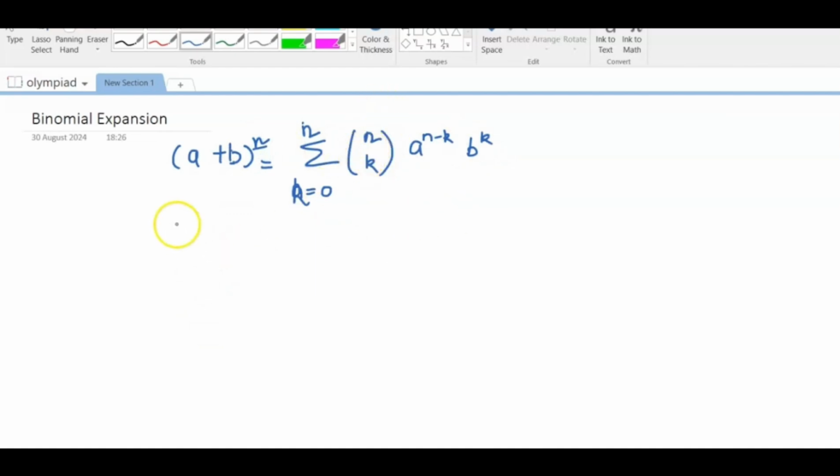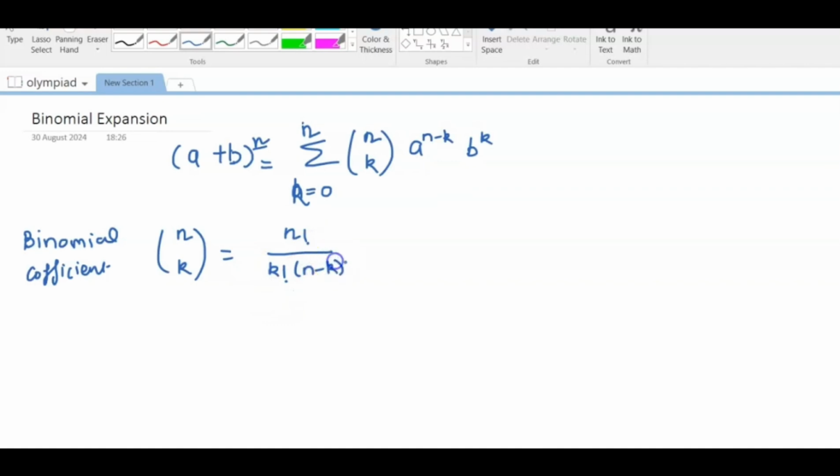Now what is this coefficient? This is called the binomial coefficient. The value of n choose k is calculated as factorial n divided by factorial k and factorial n minus k.